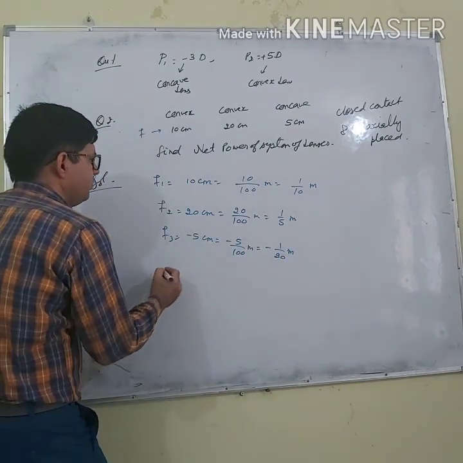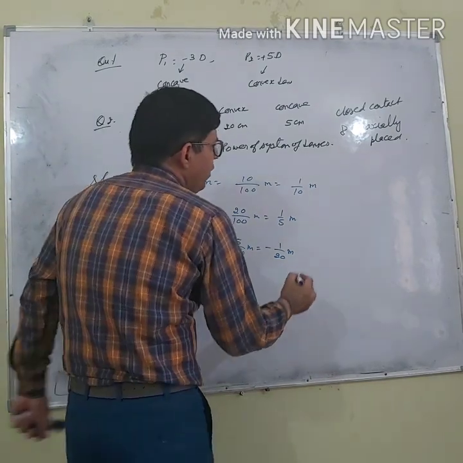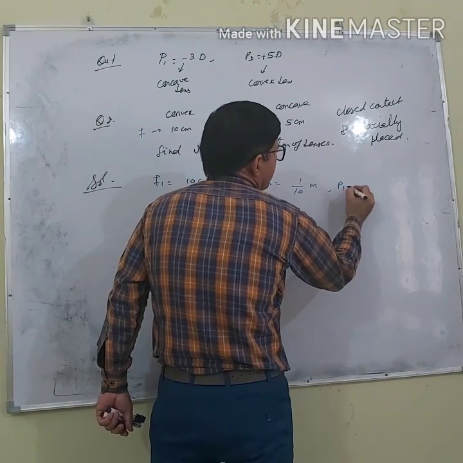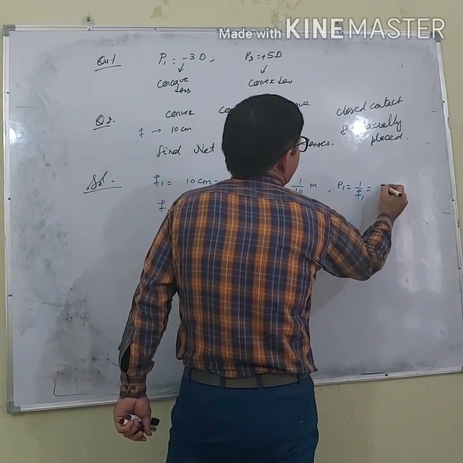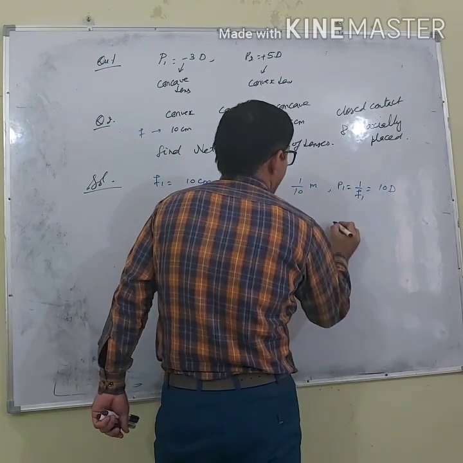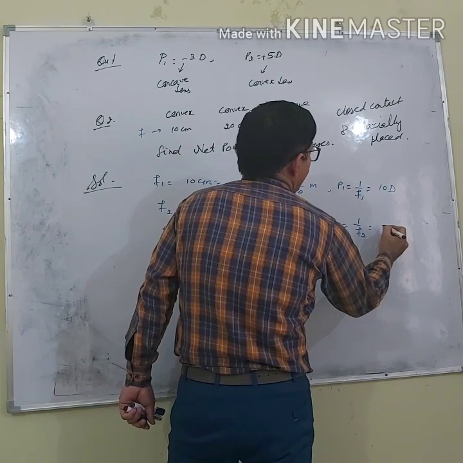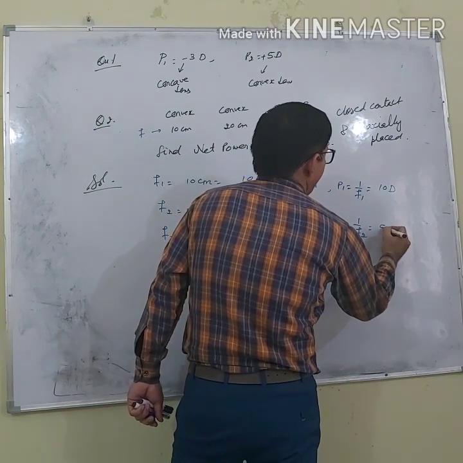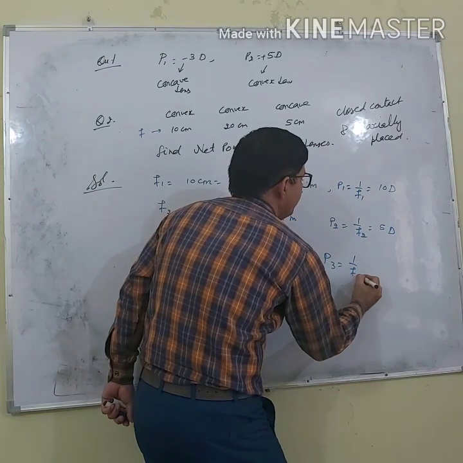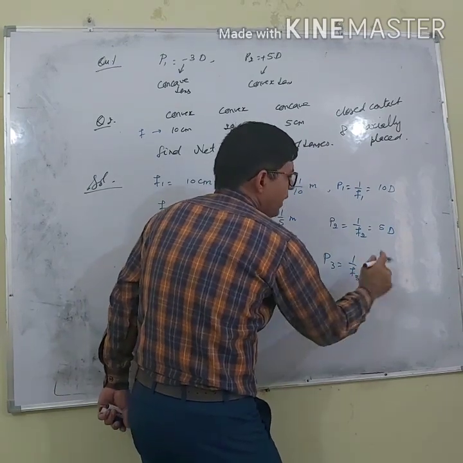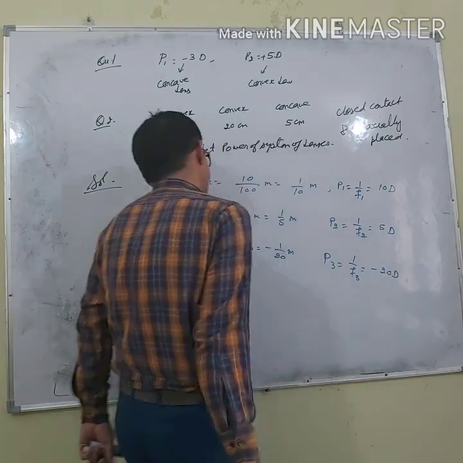Now, what is the power of first lens? 1 over f1, it is 10 diopter. Power of second lens is 1 over f2, it is 5 diopter. And power of third lens is 1 over f3, it is 1 over minus 1 by 20, minus 20 diopter.